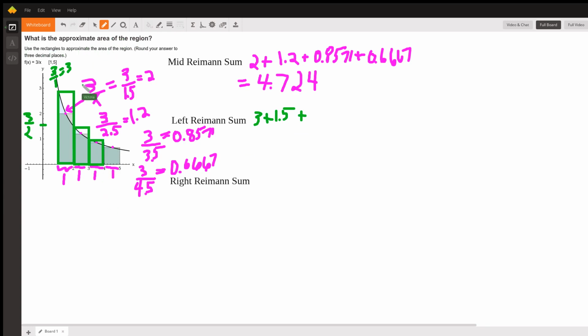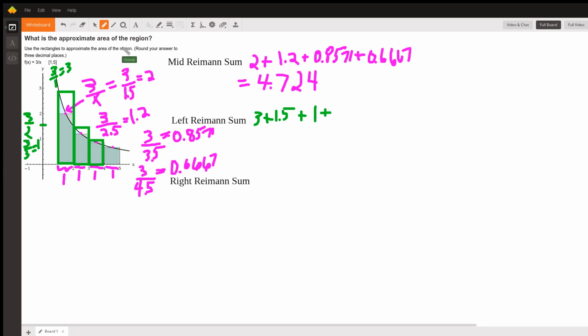So this one, 3 over 3, because x is 3, we get 1. So the area of this is 1 by 1, which is 1.